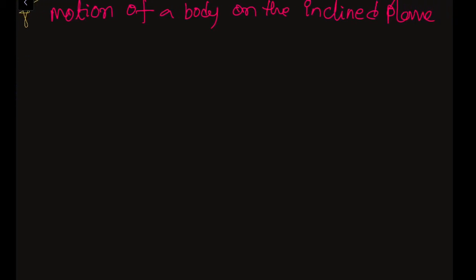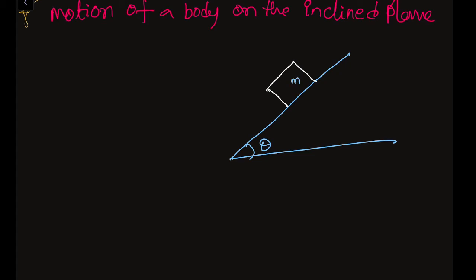So consider a wedge or inclined plane at some angle theta, on which we take one body of some mass. Because of the mass, weight acts downward, W equal to mg.